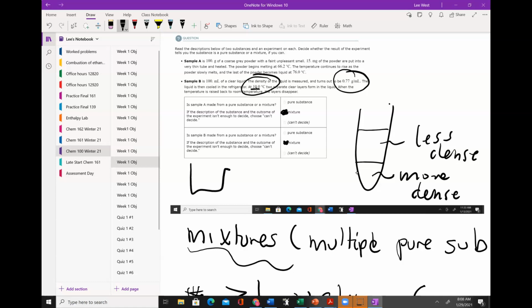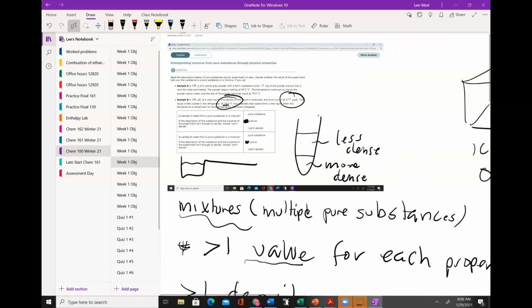That's why when we're cooking and trying to get sugar or salt to dissolve in water, we'll warm it up and it'll dissolve more readily. Okay, I hope that helps you understand these types of problems concerned with distinguishing mixtures from pure substances through physical properties.